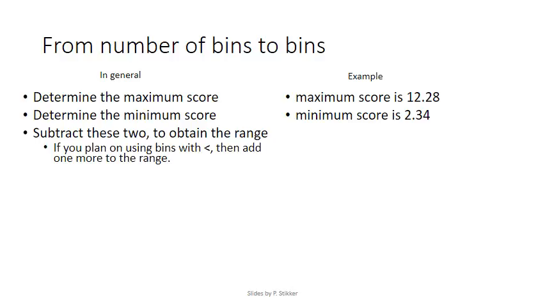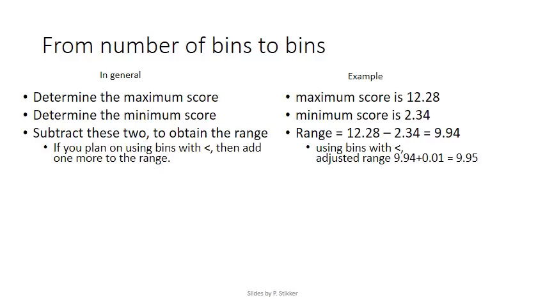Subtract these two to obtain the range, and if you plan on using bins with a smaller than sign, so not smaller than or equal to, then add one more to the range. Now in this case my range is 12.28 minus 2.34, which gives me 9.94. However, because I'm planning on using bins like this, I need to add one more, and with one more I mean the measurement precision, which is 2 decimals. So in total I get 9.95 as my range.